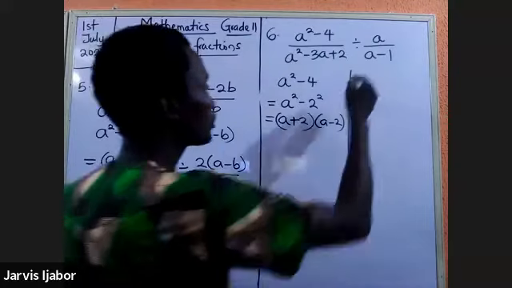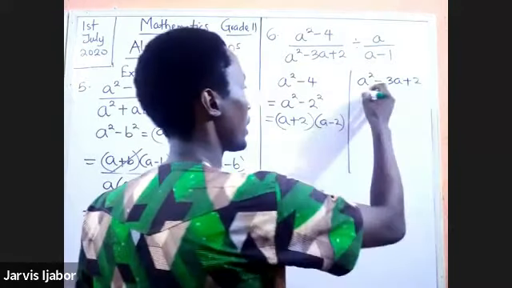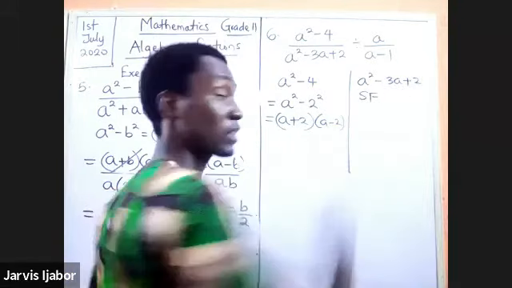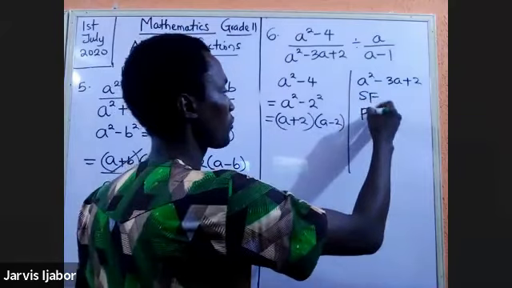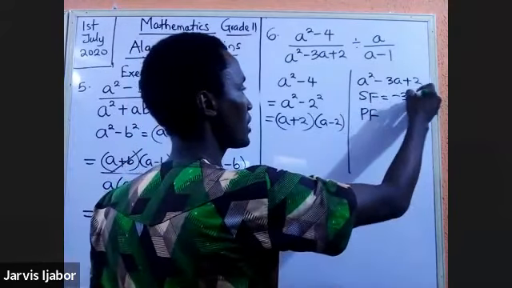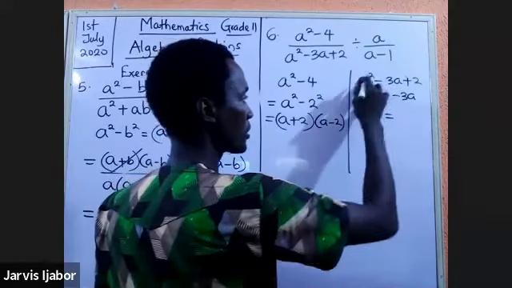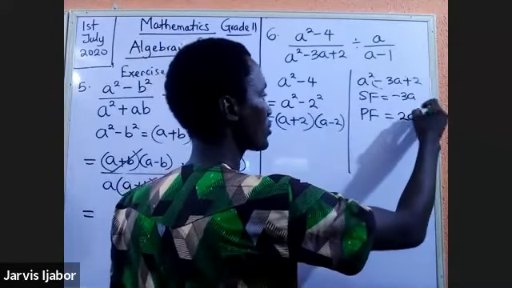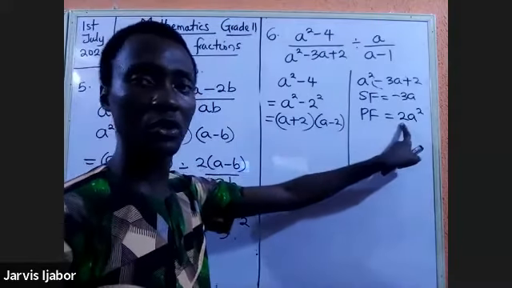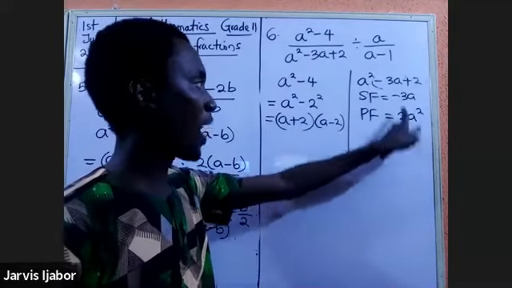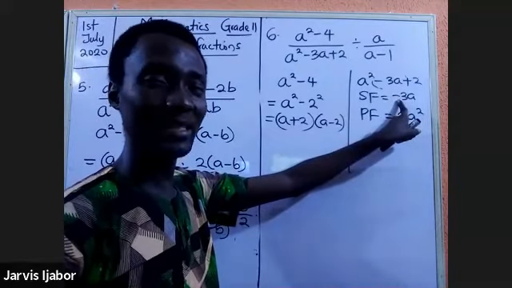Now the next thing you do is look at a squared minus 3a plus 2. This is a quadratic, with a sum of factors and a product of factors. The sum of factors is minus 3a, this term here, and the product is obtained by multiplying this and this, that's 2a squared. You observe that the product of factors is positive, while the sum of factors is negative.